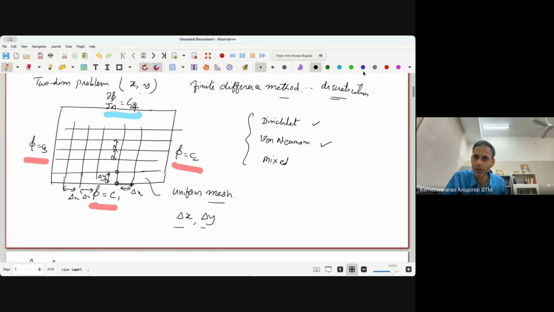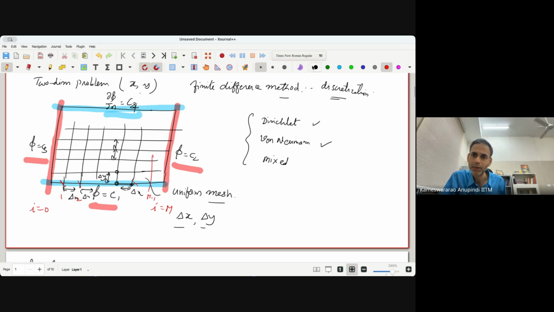So j equal to 0 will be this line, and j equals n will be this line. Similarly, i equals 0 will be this line, and i equals m will be this line. Everything in between goes from 1 all the way to m minus 1.